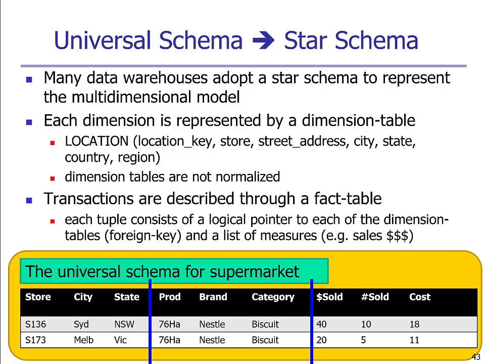The universal schema is a table that takes the record of each and every transaction, and for the columns, all the possible attributes of that fact, of that transaction. It is just very basic.